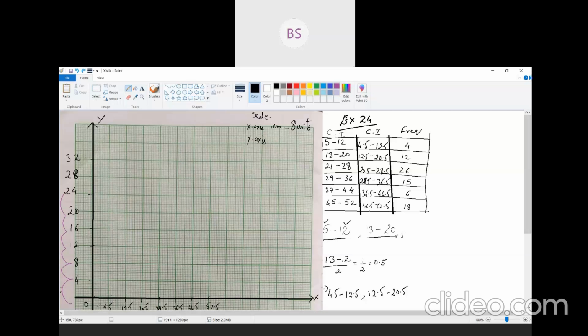So whenever the difference is not equal at the starting, we have to always show two parallel lines, or you can say a break. You have to show a break in the graph, saying that the values after the break are continuous.